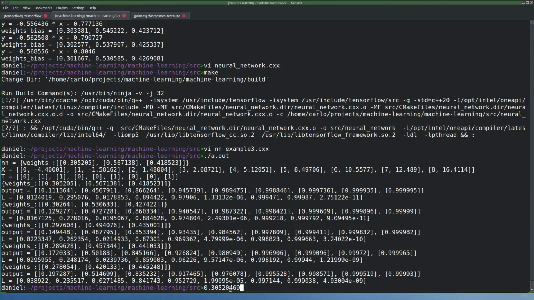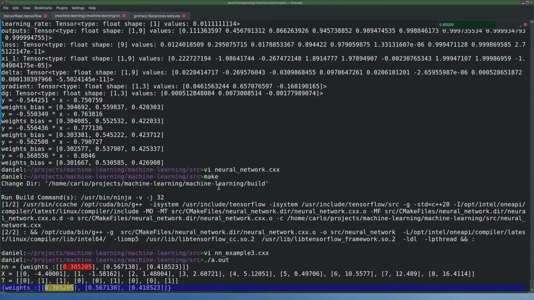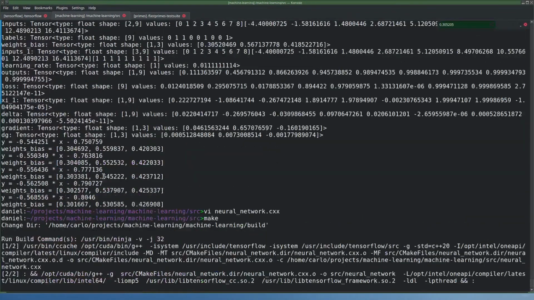Oh, it's called rounded off. Then you got up. That's the initial value.